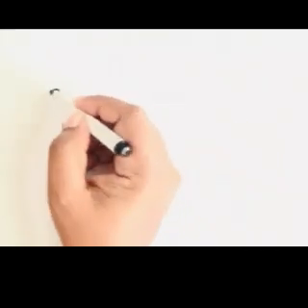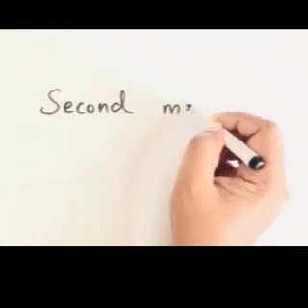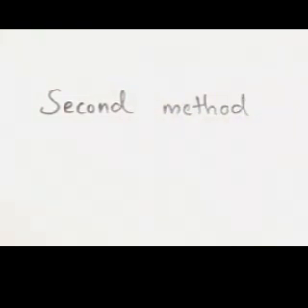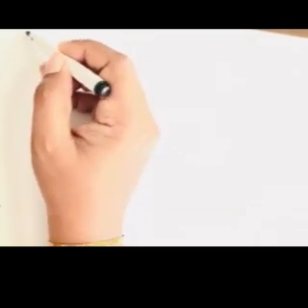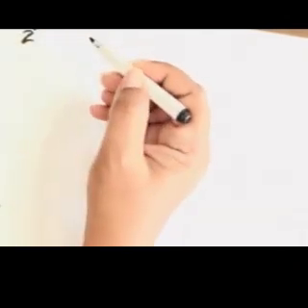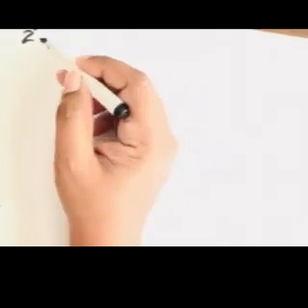Now let's see the second method of converting decimal numbers into binary. In order to convert decimal into binary using the second method, first of all you need to know the power values of 2.